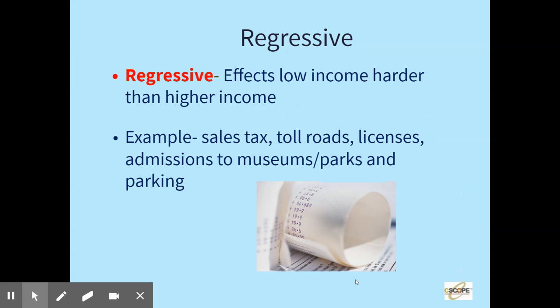Okay, regressive tax. You never think about this a lot, but a regressive tax actually affects low income and middle income people much harder than upper income people. Let's use hunting and fishing licenses, or any licenses and fees on cars.